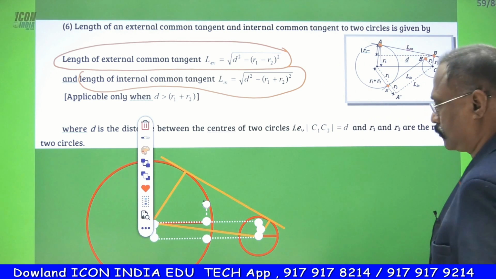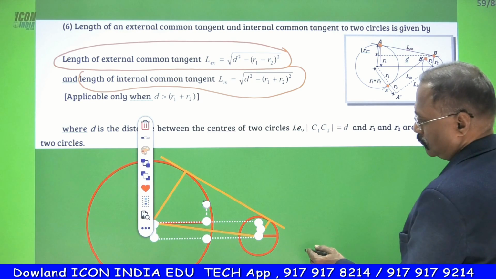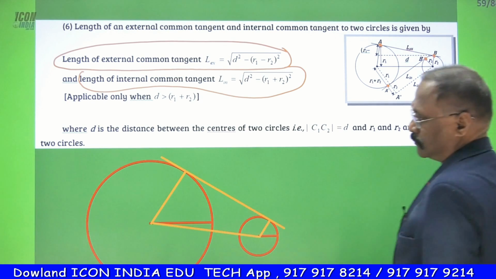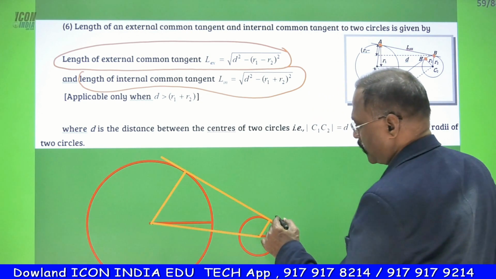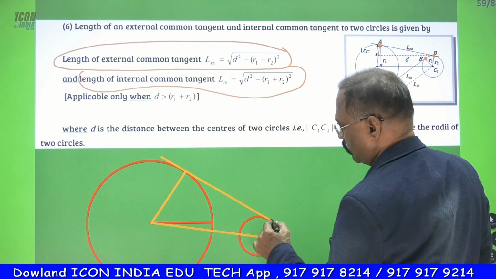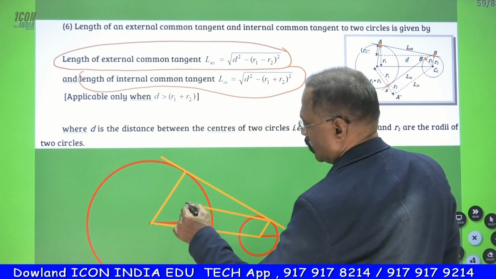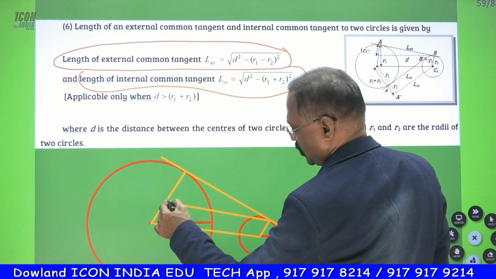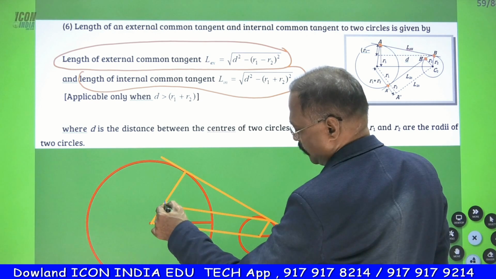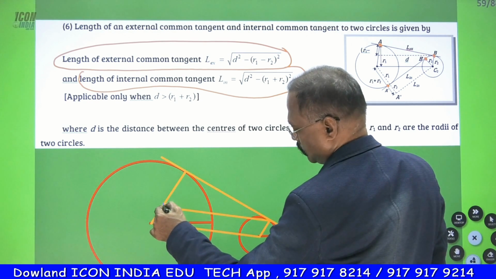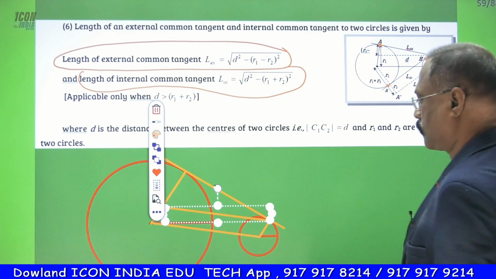Now, if you drop a perpendicular here from this, or if you draw a line which is parallel to the line of centers, like this.